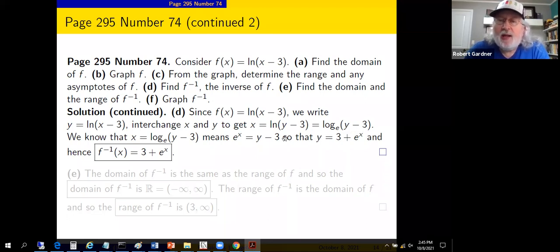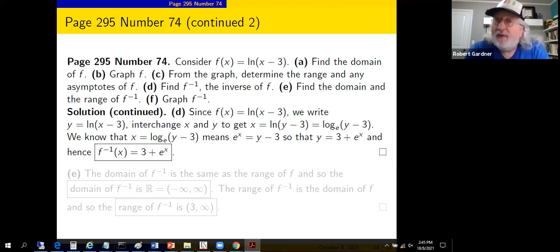And this looks more like what we were dealing with previously. The base is e, the exponent is x, and then we've got the y minus 3 parameter equal to that exponentiation. So x equals log base e of y minus 3 translates into e to the x power equals the stuff inside the log. e to the x equals y minus 3.